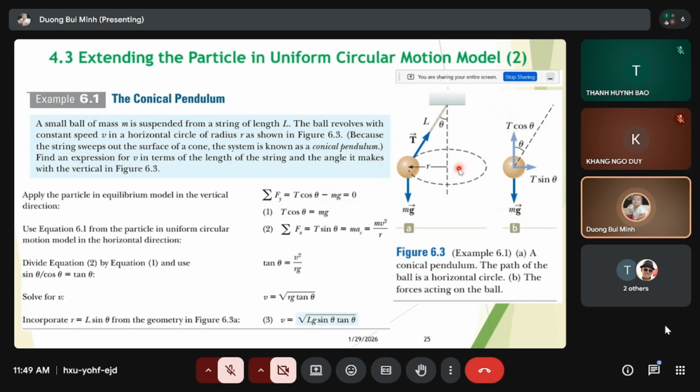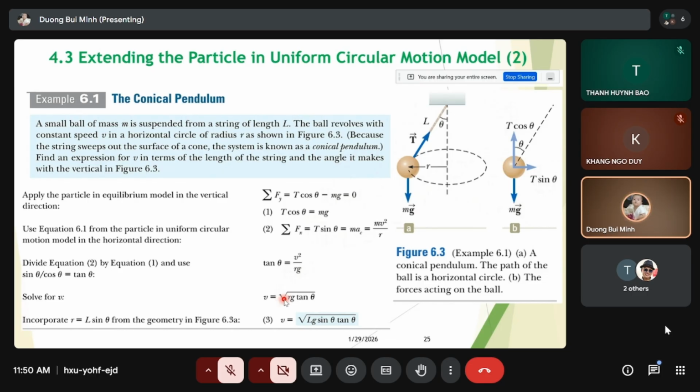Then now you get Fx. Fx is T sine theta, so T sine theta is m ax, and ax is AC, and AC is V square over R. So finally you can get the velocity, of course the instantaneous velocity.